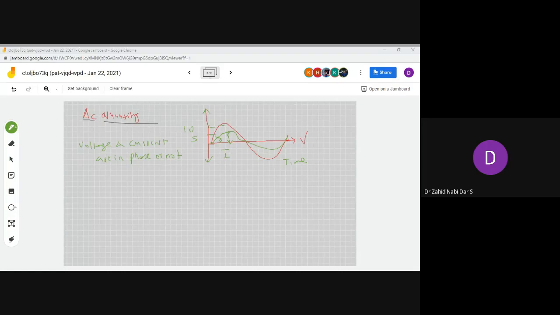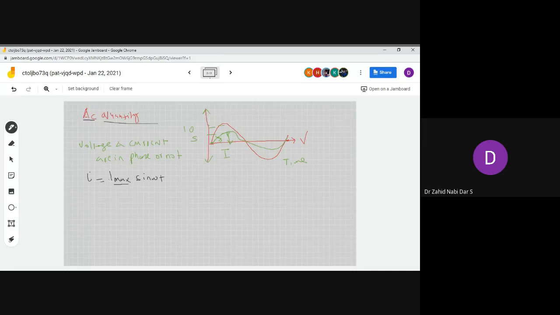In DC, current is I, but in AC, I write I equals I max sine omega t.